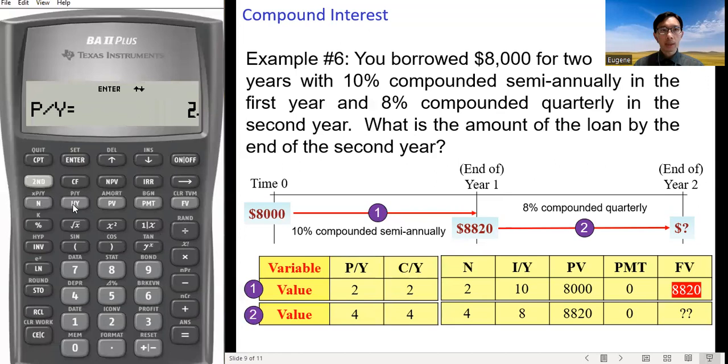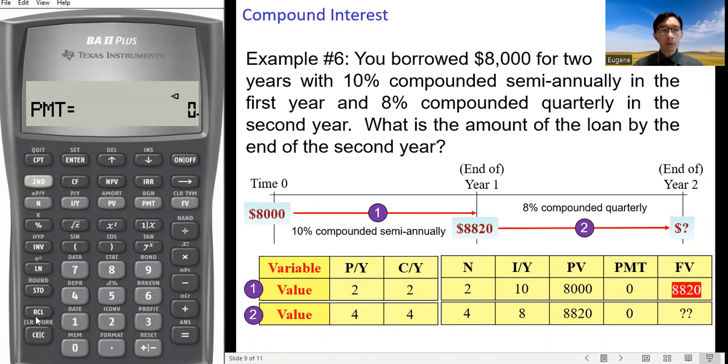Activate the frequency worksheet. The number is now 4. Do the input. And then key in the value for N. N is 4. IY is 8. We have inputted the value of PV, and then PMT is 0. To confirm the value of PV or any other variable, we can press the recall button.